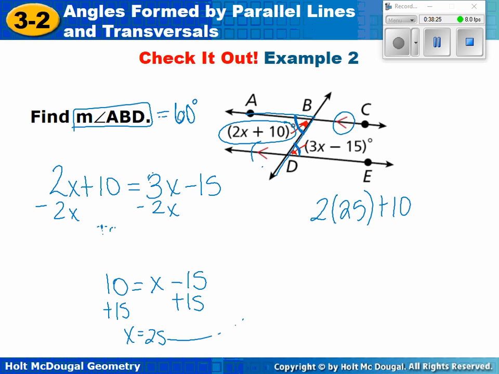Okay, so you use the fact that they were supplementary, but alternate interior angles are not supplementary, they're congruent. So that's where you first have to ask yourself, Jaden, what kind of angles are they? Then that determines whether you set them equal or you add them and set them equal to 180. If they had been same side interior or exterior, you would have added them and set them equal to 180. Okay? All right, any questions up to here?